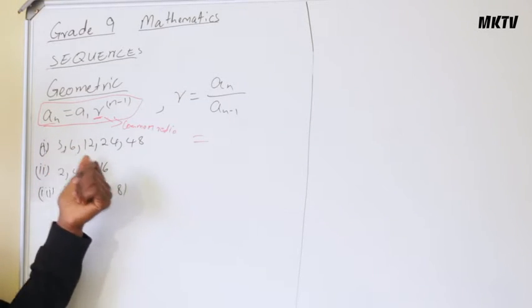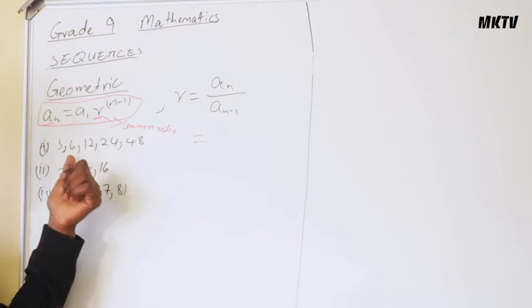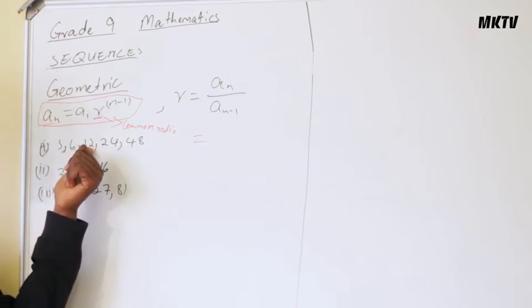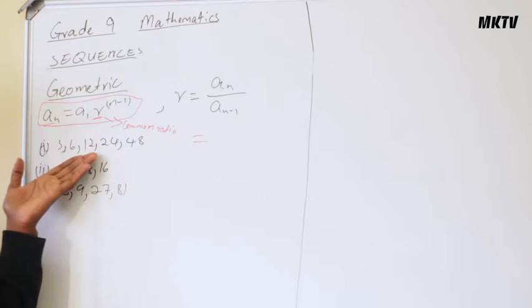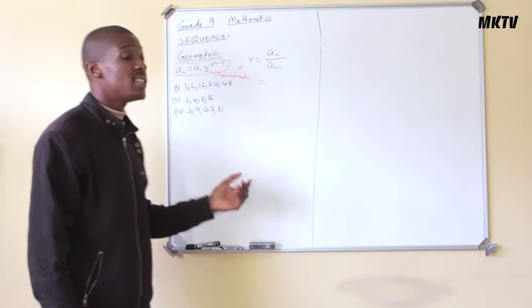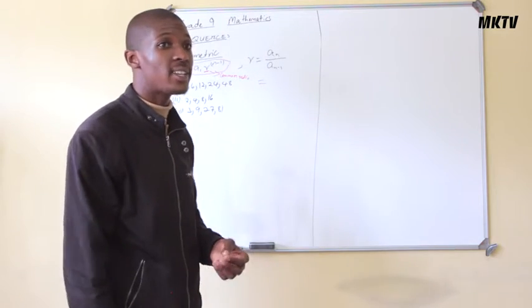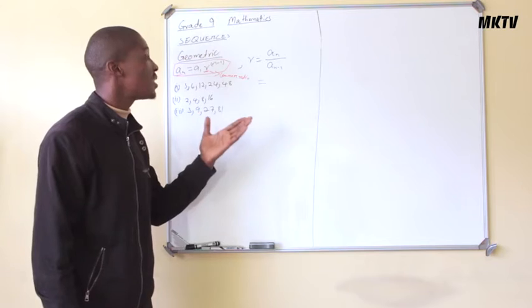That says if you add 3 to 3, you will get 6. But adding 3 to 6, you will now get something different, which is 9. Then it does not follow the pattern. That says this time around we are having a different sequence. Now we call that sequence a geometric sequence.